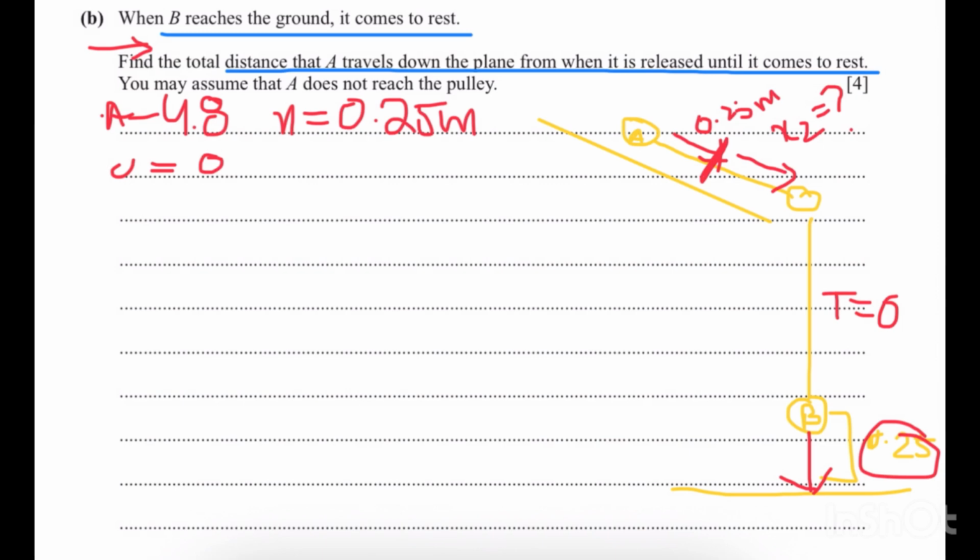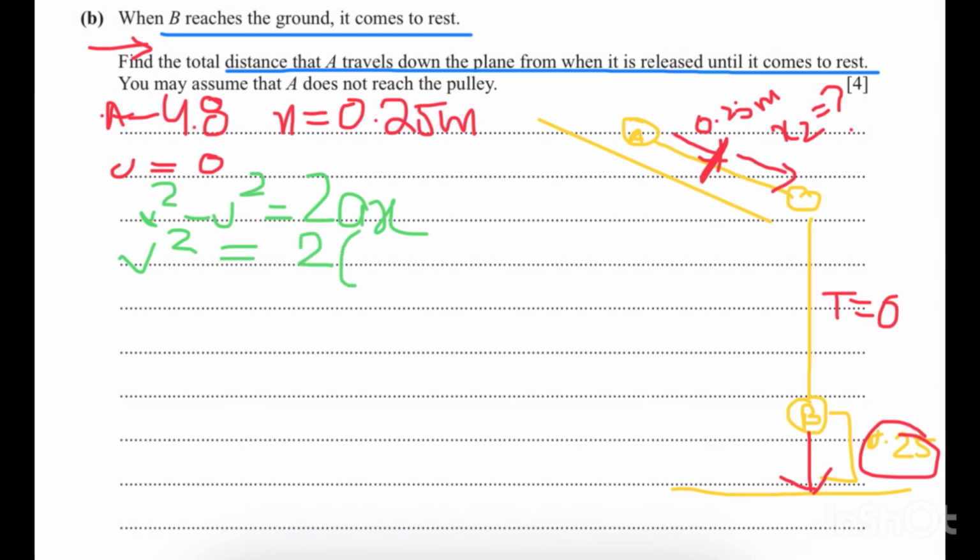First, let's find out the speed of particle A after it has traveled 0.25 meters. So again, we're going to use the equations of kinematics, and we can use the v squared minus u squared equals 2ax formula. So v squared is unknown, and since the initial speed is 0, we don't need to write that.